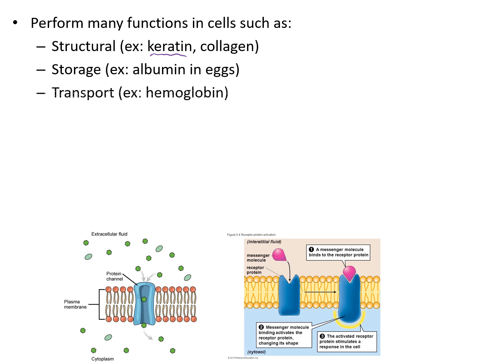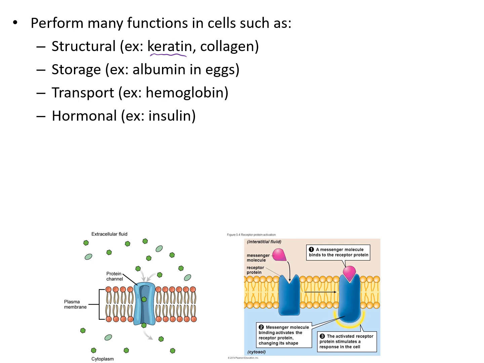They can be for transporting: hemoglobin, or heme, is one protein, and then globin is another protein, and that's the main component of blood, of red blood cells, transporting oxygen and things like that through the body.